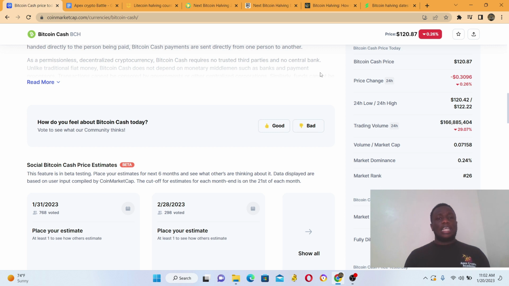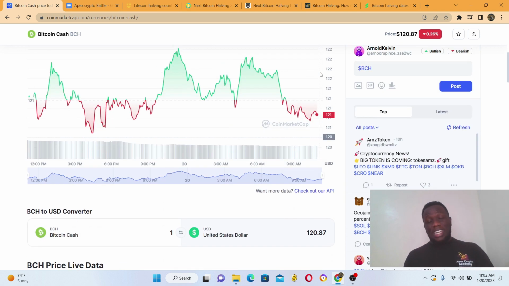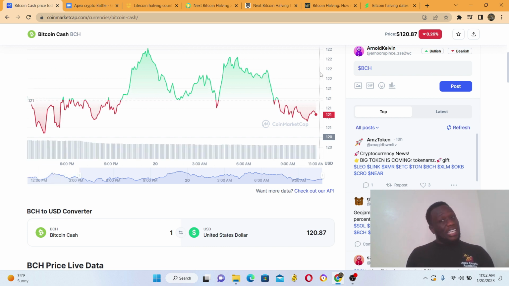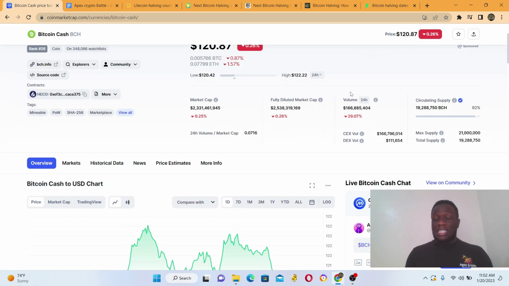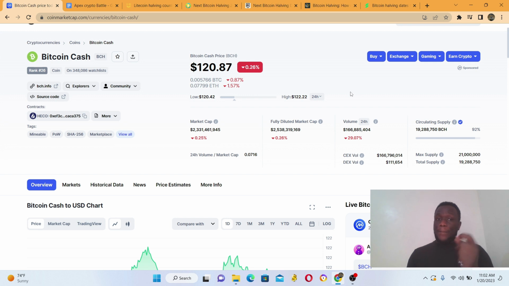Then in the next halving, 2016, from 25 Bitcoins, the reward was cut again into half, to 12.5 Bitcoins. In the last Bitcoin halving, in 2020, the reward was again cut from 12.5 Bitcoins to 6.25 Bitcoins. And that is where we are right now. The current reward for mining a Bitcoin block stands at 6.25 Bitcoins.